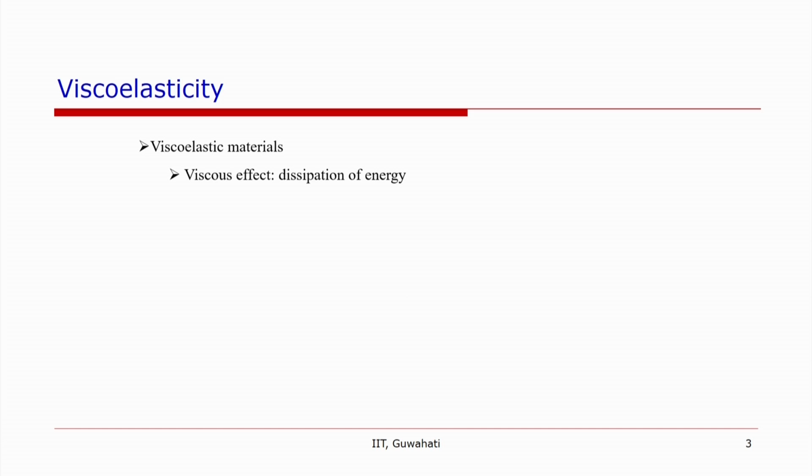You might remember while discussing flow in a channel we derived the relationship tau is equal to minus dp by dz into r by 2. What I am trying to say here is that dp by dz is the pressure loss because of the viscous stress.